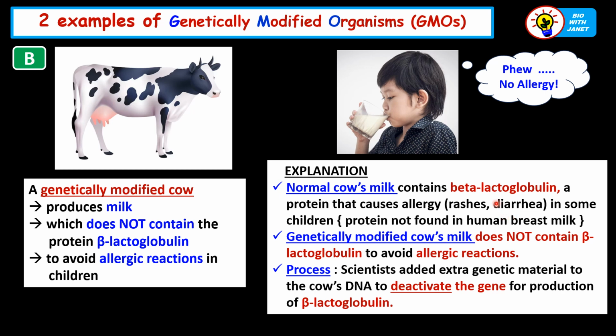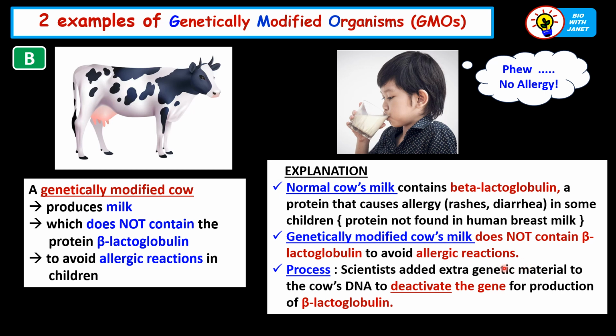This is sometimes due to the protein called beta-lactoglobulin in normal cow's milk. By the way, this protein is not found in the mother's breast milk. That's why children who drink cow's milk can experience allergy caused by beta-lactoglobulin. Thus, the genetically modified cow's milk is different because it does not contain this protein, to avoid allergic reactions in certain children.